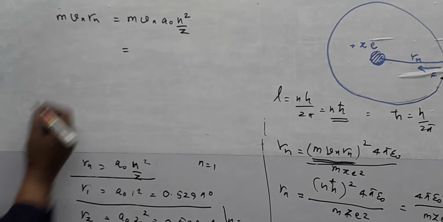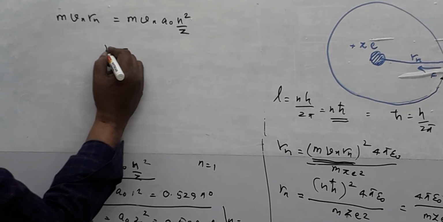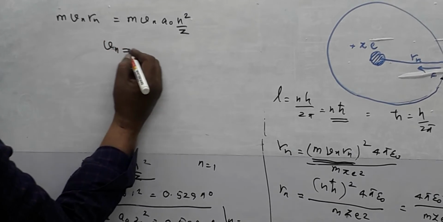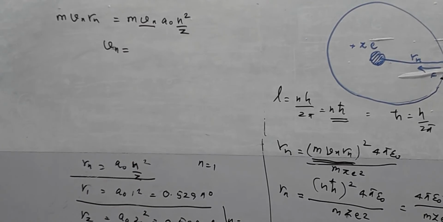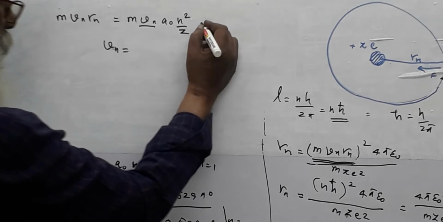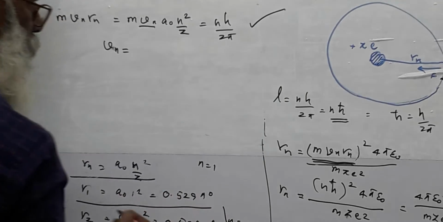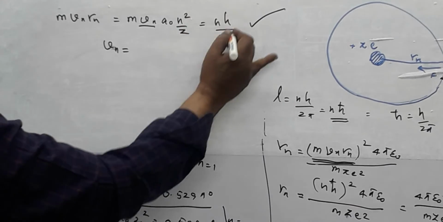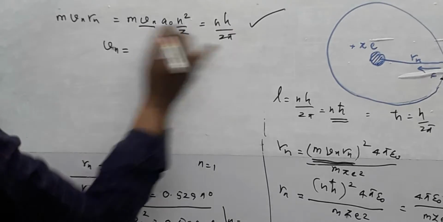Now simplify this equation. We obtain the value of velocity Vn, that is equal to nh by 2 pi. This was already explained in the last class. This is nothing but the angular momentum of an electron, which is a multiple of h by 2 pi. That's why we can write these two things.